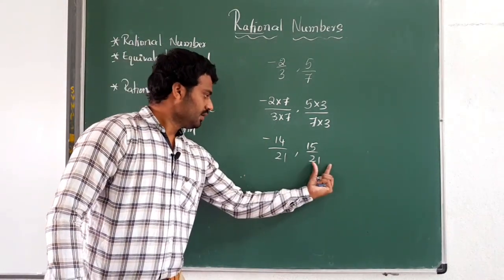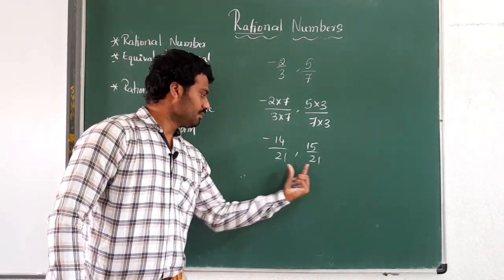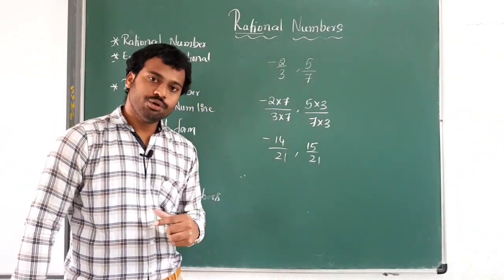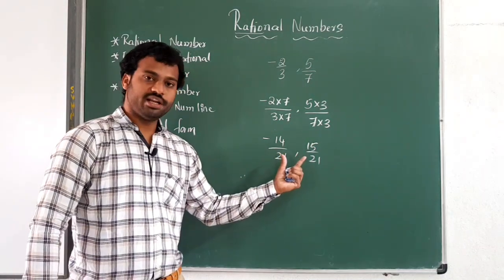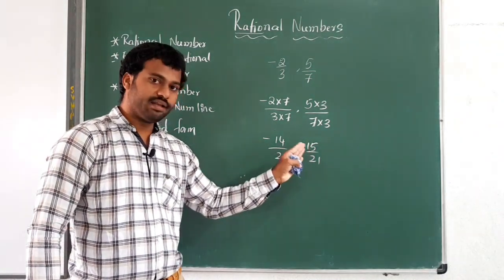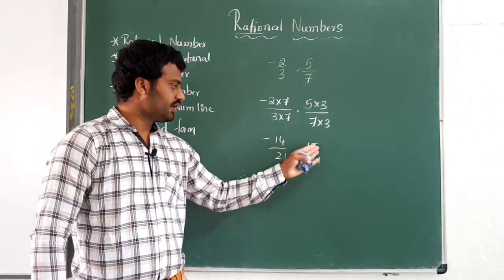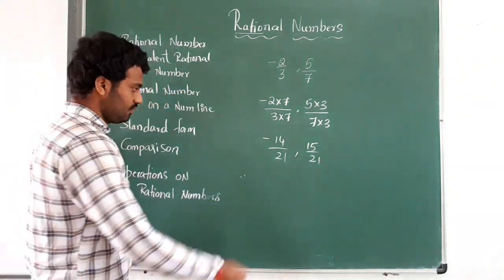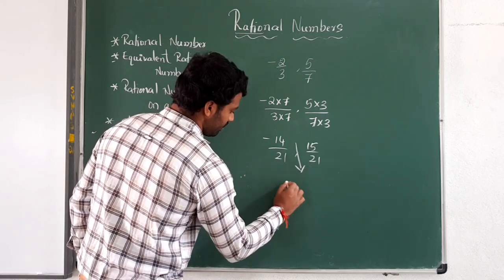Whenever you observe that denominators are the same, just look into the numerators. In between the numerators, is there any value? Minus 14 to plus 15. There are so many values in between.